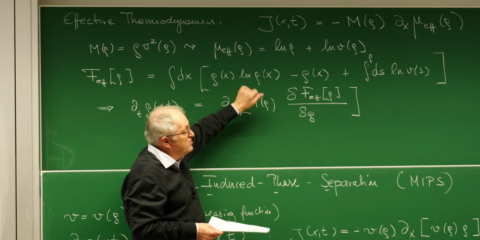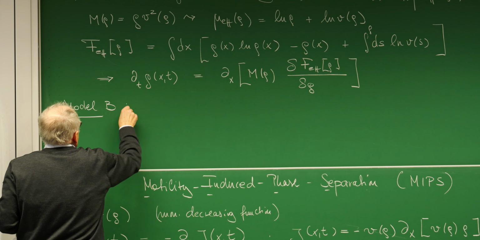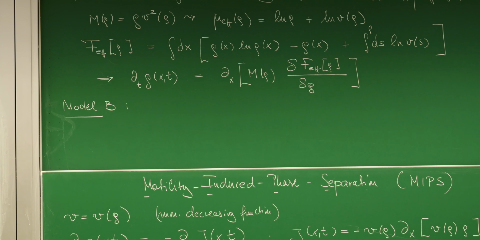Good. Now let's see whether we can construct something more general. So let's say we compare this now to model B, and then by symmetry arguments try to generalize to other types of models. And for a change, let me use phi instead of rho as variables.